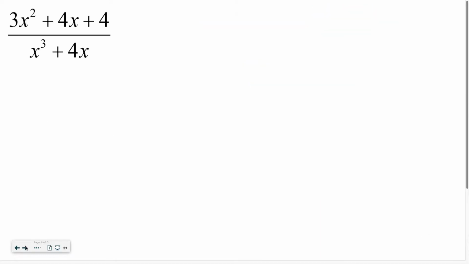All right, so this was the third one that I had you set up. Emma, you wrote this one up there, right? Emma factored the denominator to x times x squared plus 4.